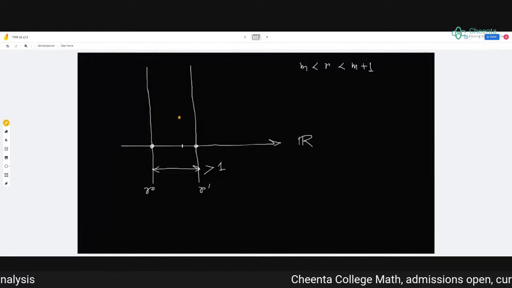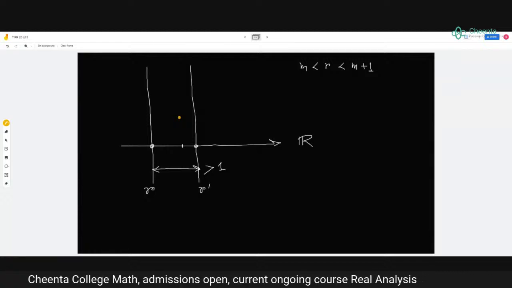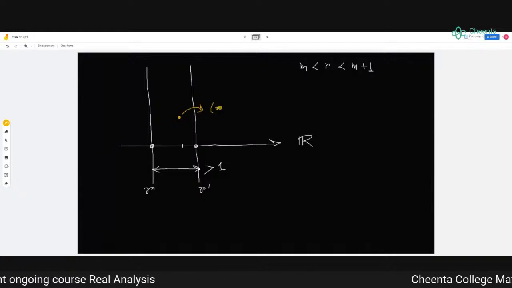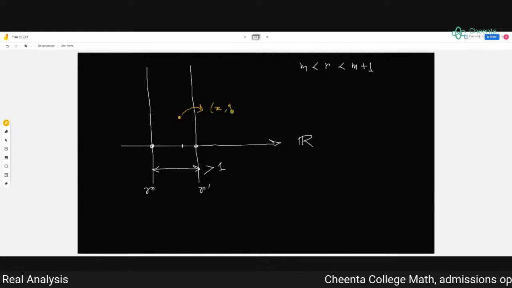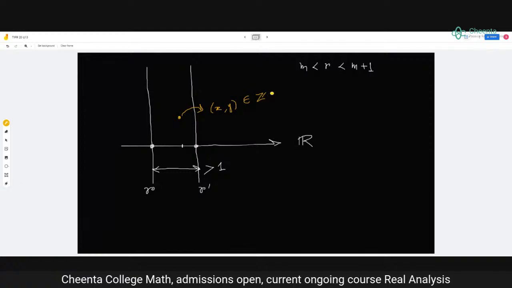All right. So these are the vertical stripes, and the same thing can be done for horizontal stripes. So here I have just produced x comma y, where x and y are both integers. All right. So let's just say Z cross Z.